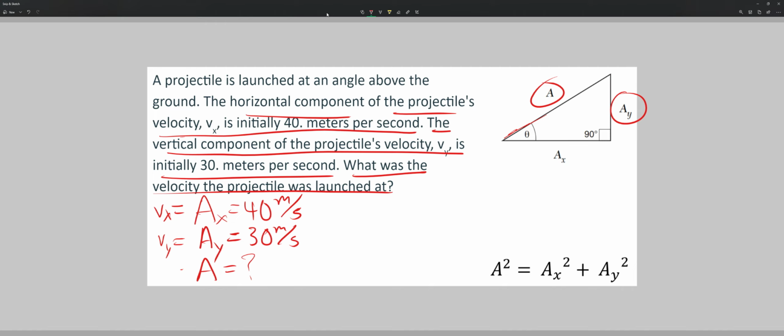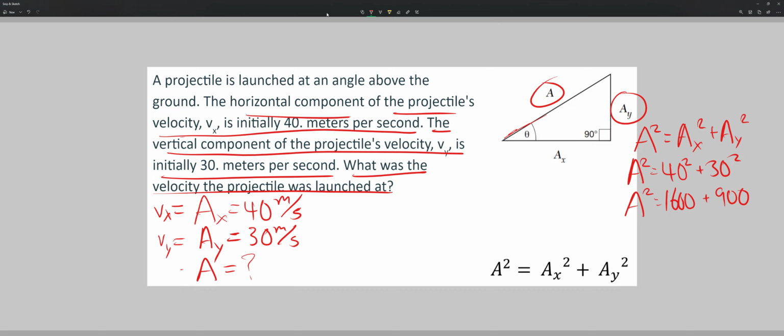So all we need to do here, guys, is the Pythagorean theorem: a squared equals ax squared plus ay squared. So a squared is 40 squared plus 30 squared. 40 squared is 1600, 30 squared is 900.